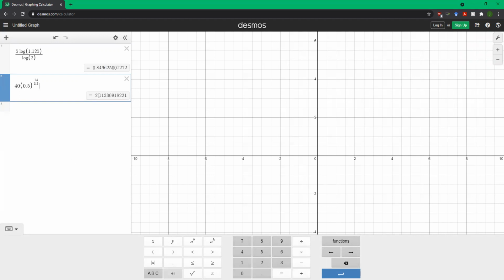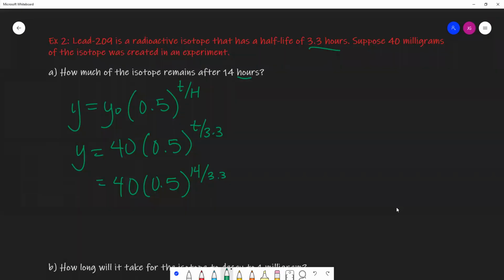And so here's our answer, 2.113. Okay, 2.113 milligrams will be remaining. Head back. So we have approximately 2.113 milligrams.